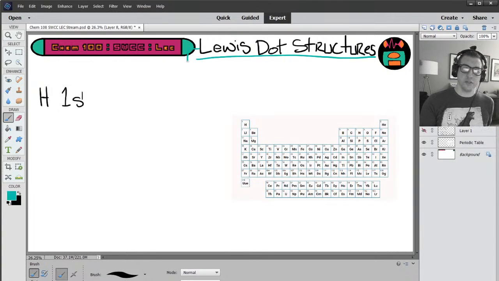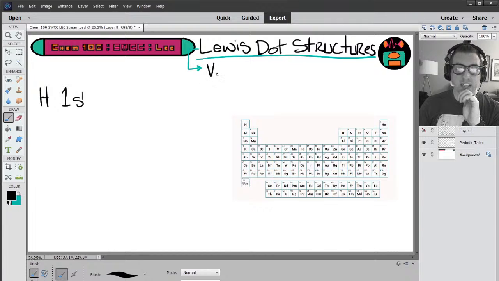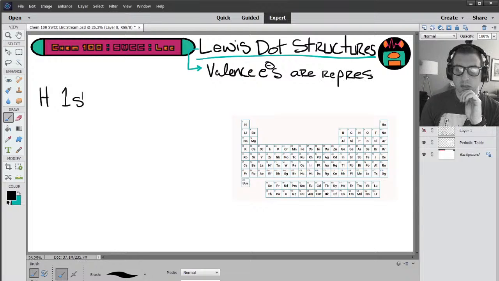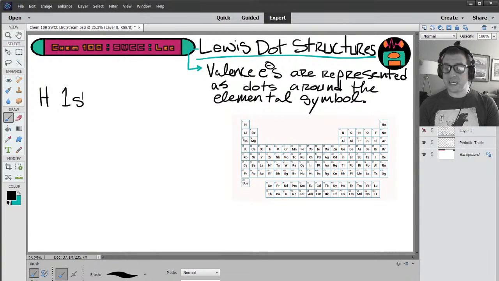Now for Lewis dot structures, valence electrons are represented as dots around the elemental symbol.